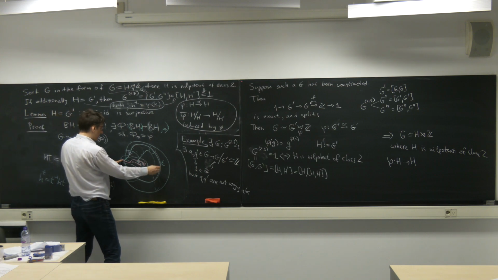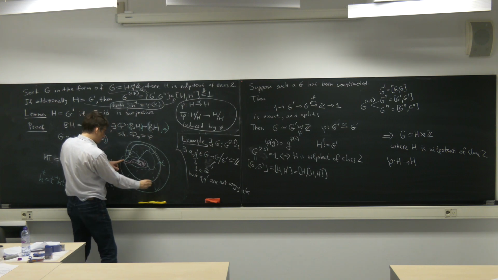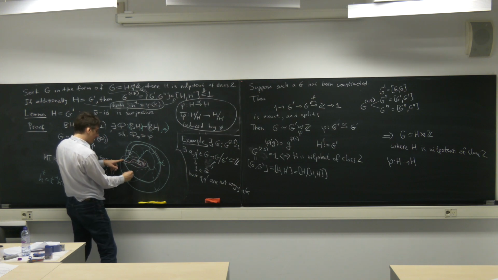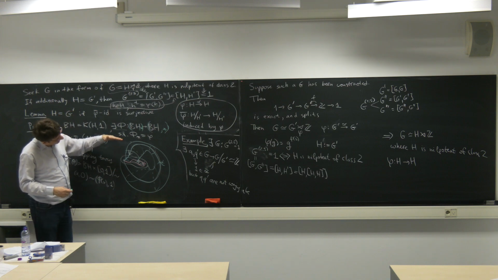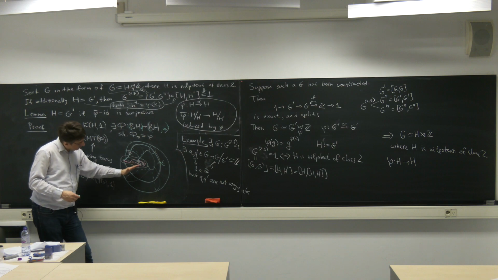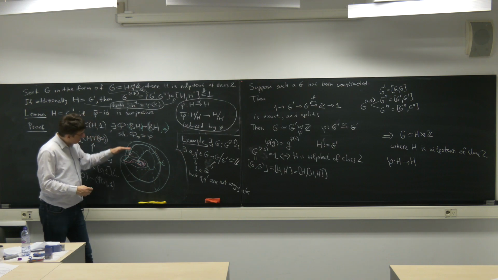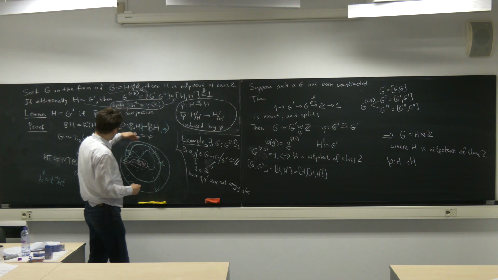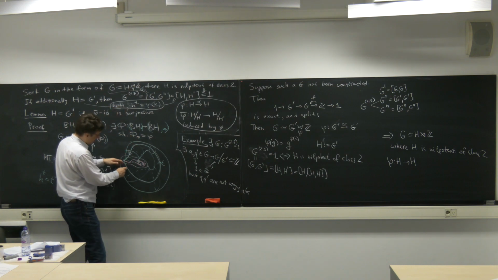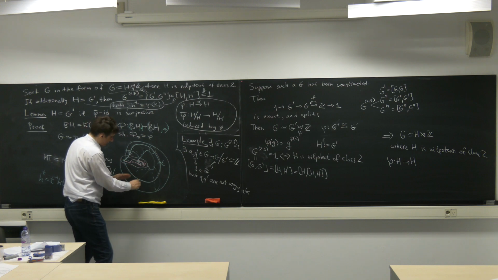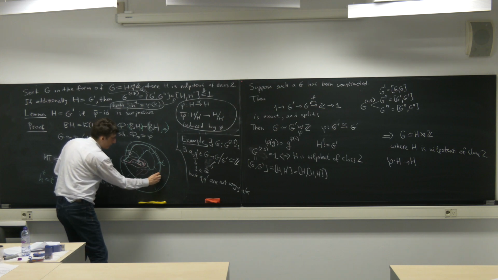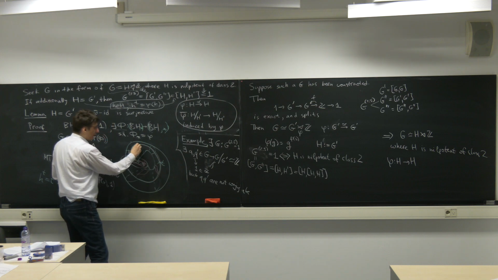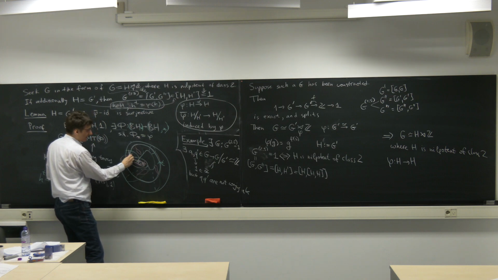So T goes here: T inverse, then H, and then T. Now I can simply push this loop along the mapping torus, and then this T just gets shrunk, and this loop is just carried on until it gets here.